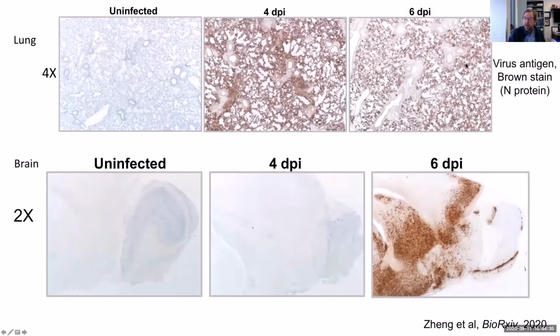Just an example of that here, where we have an uninfected lung on the upper left, and at 2 and 6 days post-infection with 10 to the 5th PFU in the K18 mouse model, we see this diffuse antigen presentation in the parenchymal tissue and also in the airways. Also in some animals in the K18 model, late in the course of infection, we can see diffuse central nervous system infection.